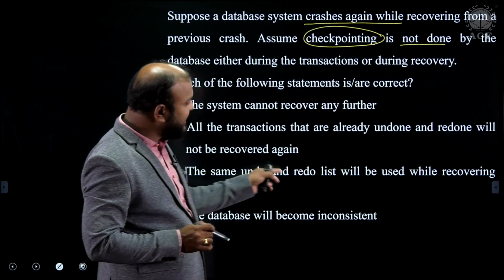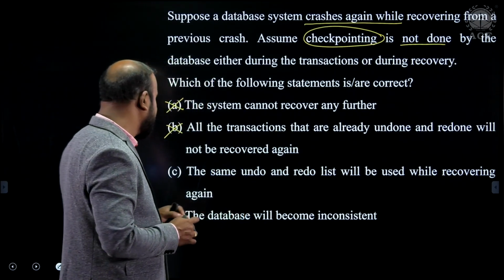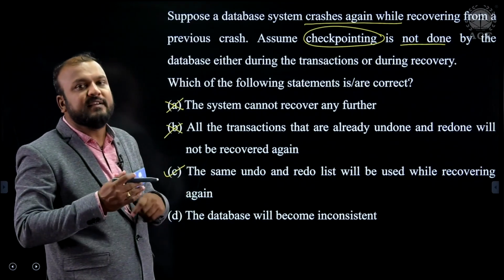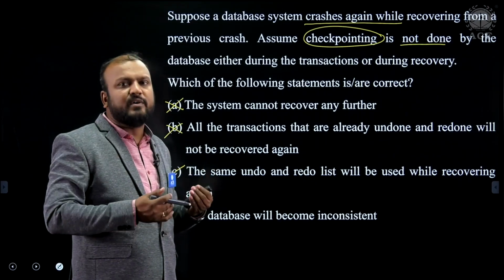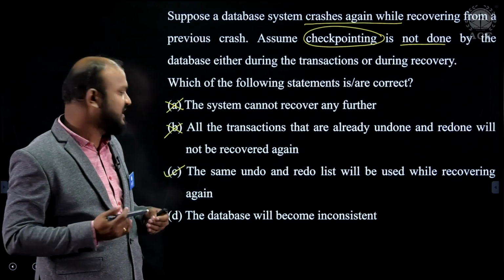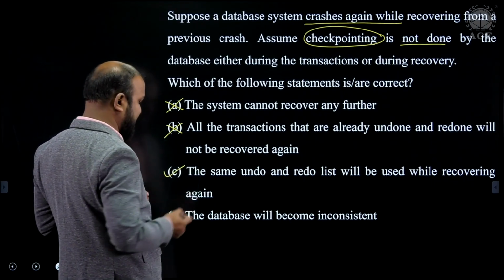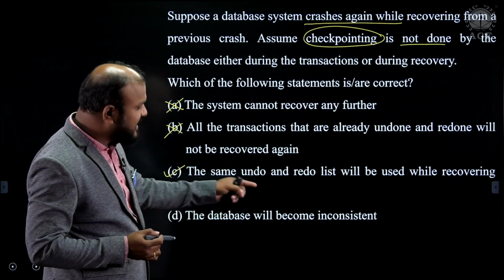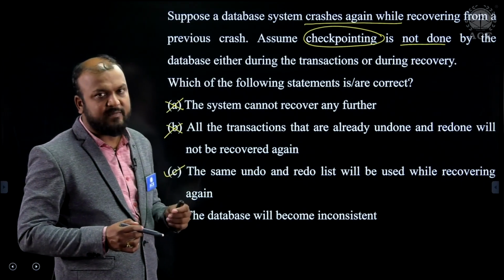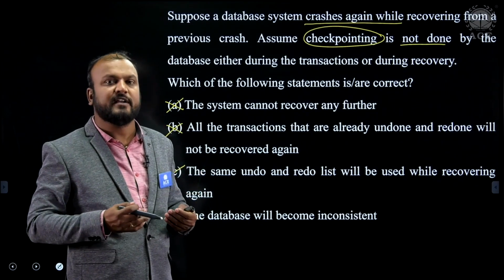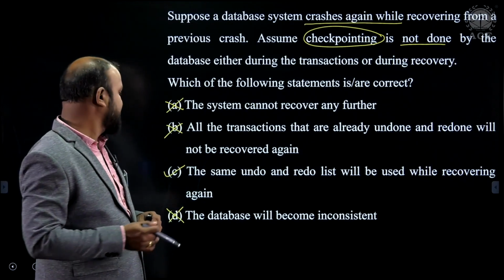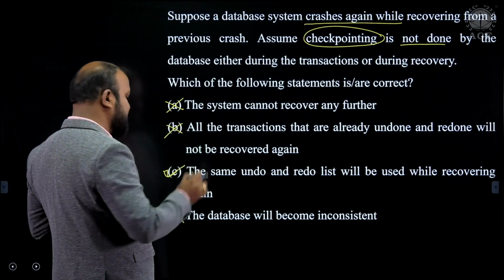The same undo and redo list will be used while recovering the database system. Yes, correct. Even if you get a crash, whatever undo and redo list is there, the same undo and redo list will be used for recovering from the crash. So C is correct. The database will become inconsistent. No, it is not correct. Why? Because the database system maintains the set of log records. Those log records will be used whenever a crash occurs in the database system. So the answer for this question is option C.